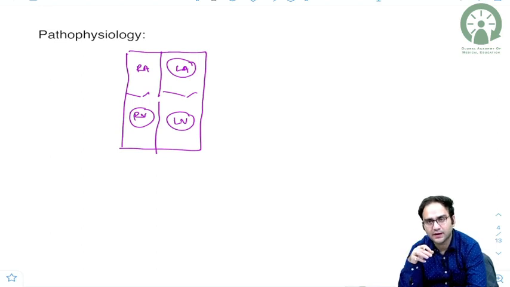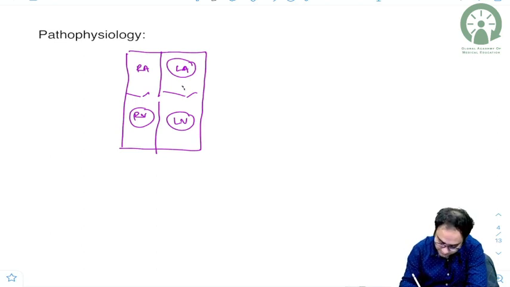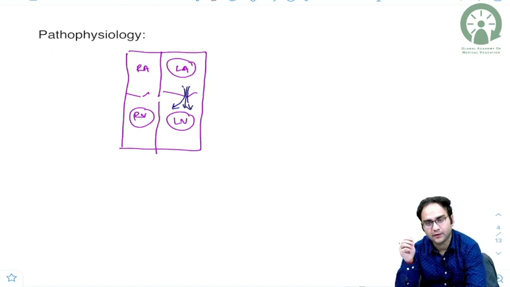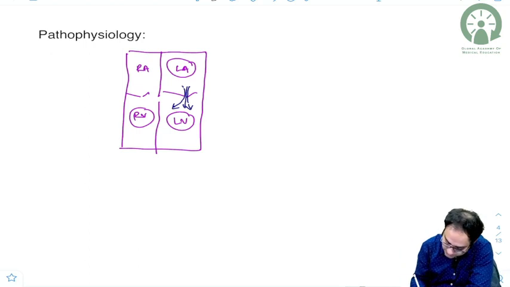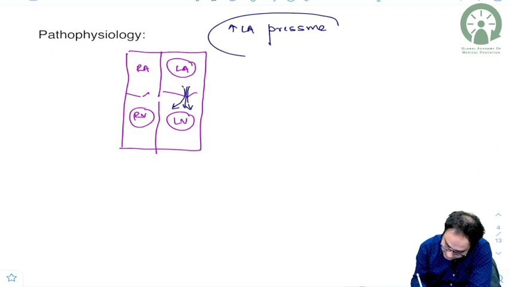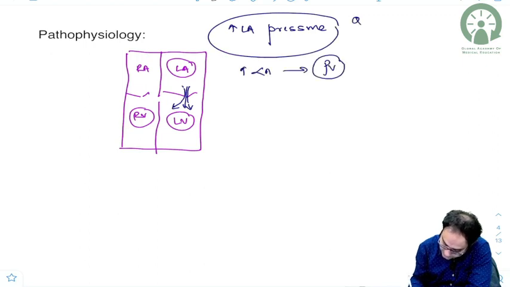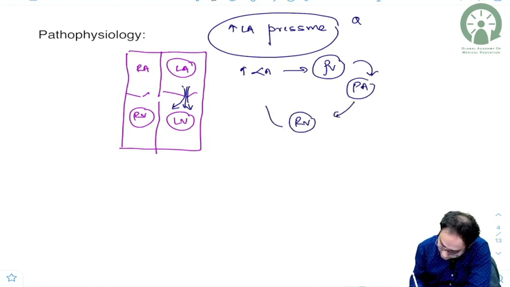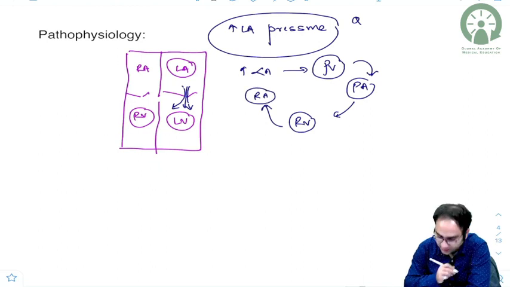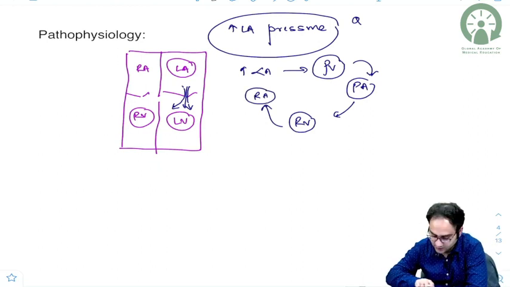Now you have a stenosed mitral valve, so the blood gets a very small space to go to the left ventricle. So there is increased LA pressure. This increased LA pressure is transmitted to the pulmonary veins, from the pulmonary vein into the pulmonary artery, to the right ventricle, and finally to the right atrium. So this is basically a vicious cycle.